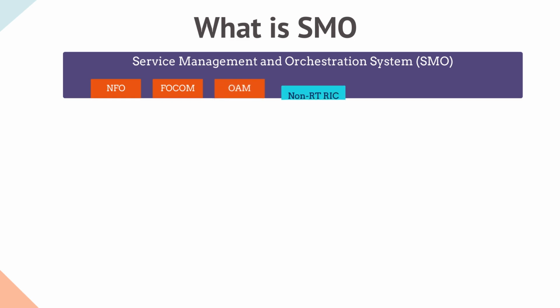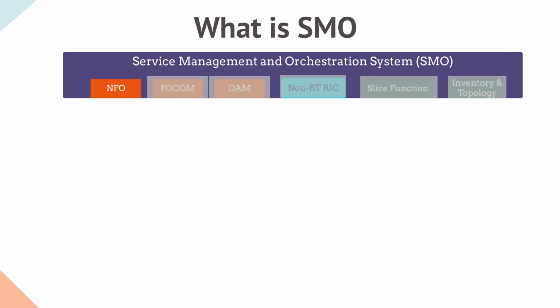Next is non-RT-RIC, which stands for Non-Real-Time RAN Intelligence Controller. Apart from these, there are a few other components, like Slice Management Function for RAN and Inventory and Topology Management Function. There are a few other components too, but these are the major components. Let's check each component in more detail.